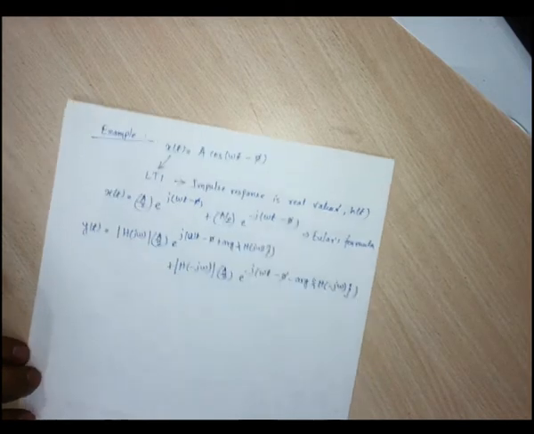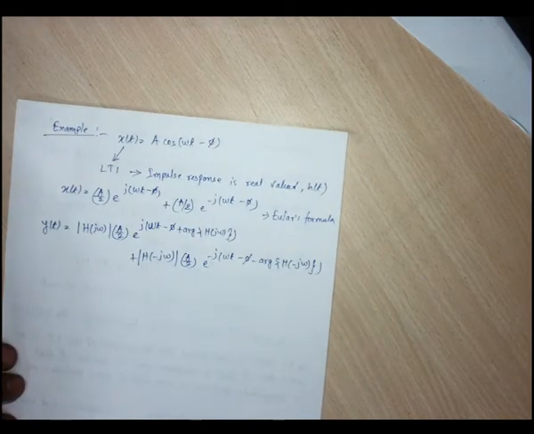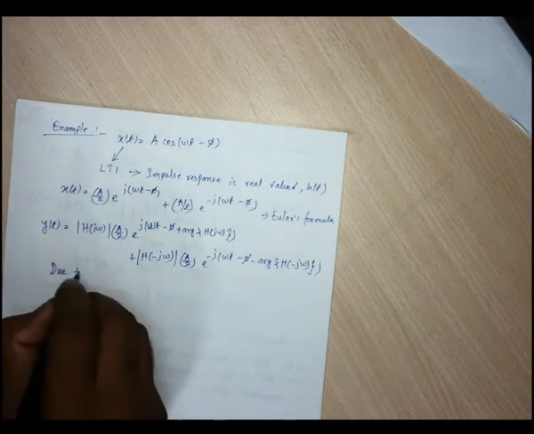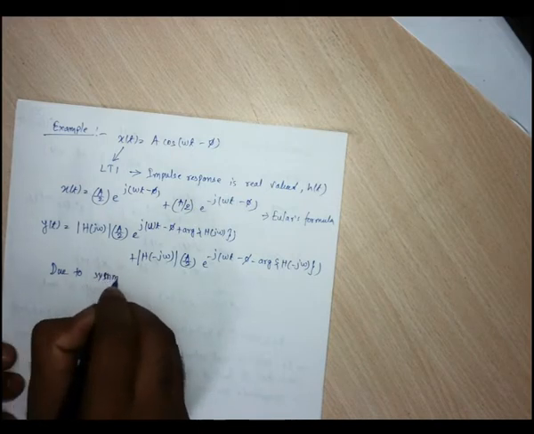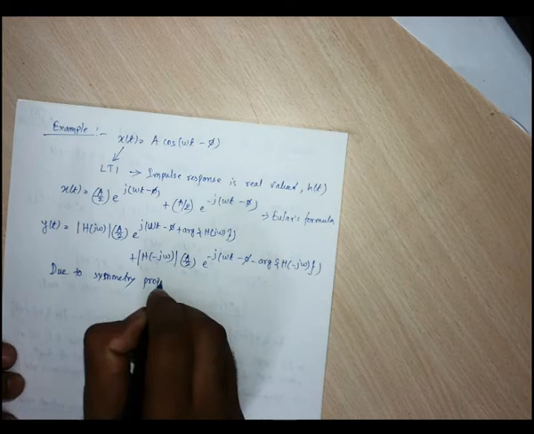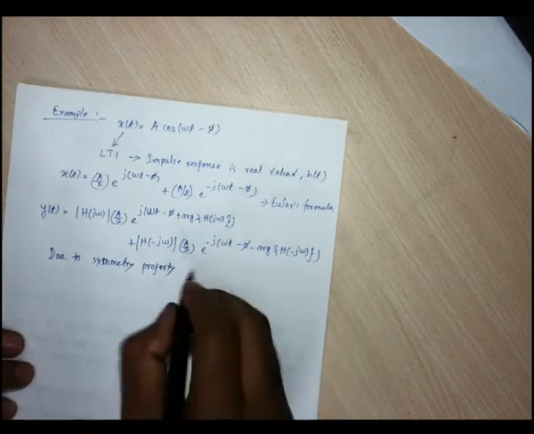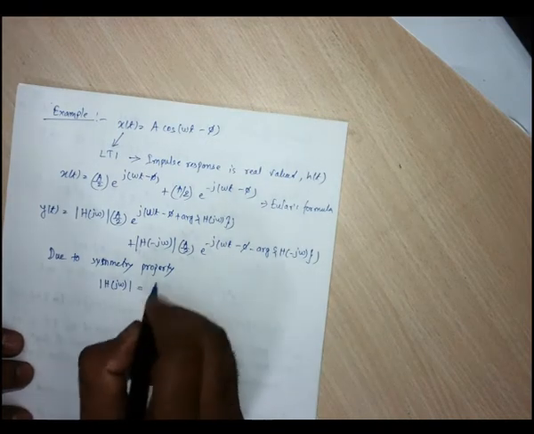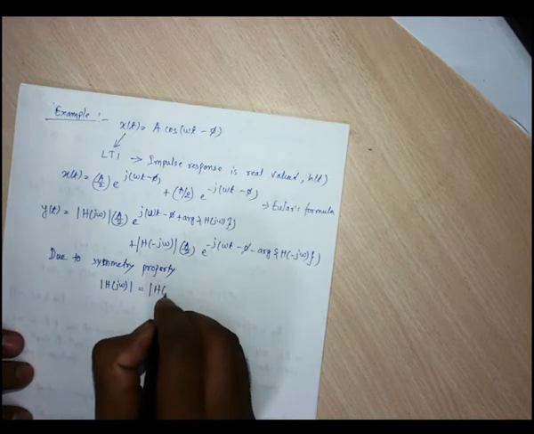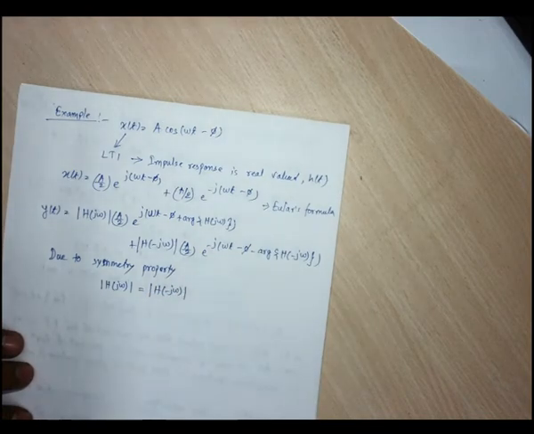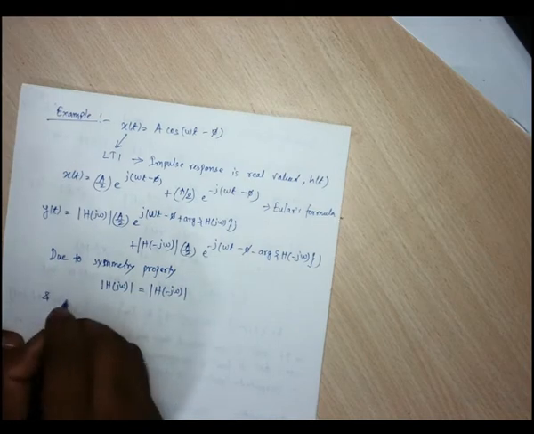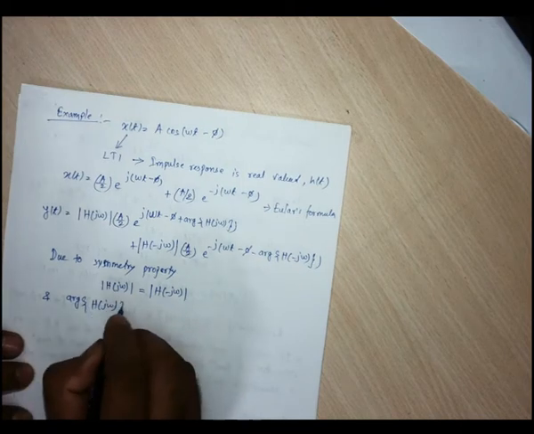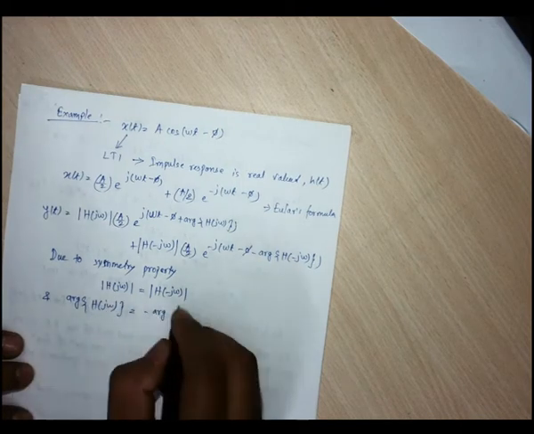As it maintains the symmetry property, we can say that the magnitude of H(jω) is the same as the magnitude of H(−jω), and the argument of H(jω) is the same as the minus of this argument.